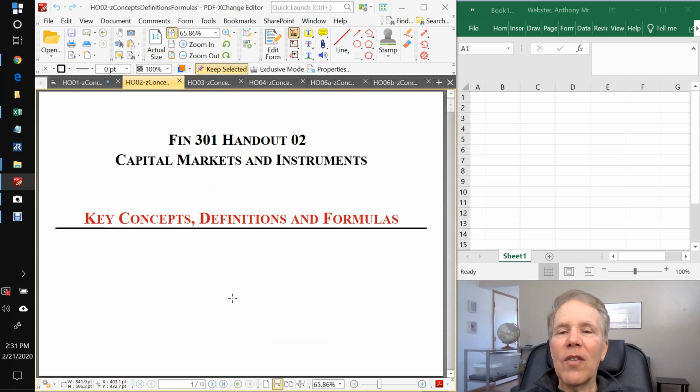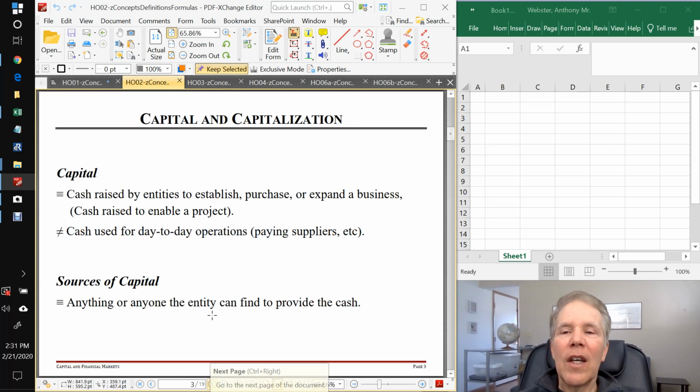Okay, all right, on to handout number 2, capital markets and instruments. So we defined capital, so that's our cash raised by entities for big projects, right? Not for day-to-day operations.